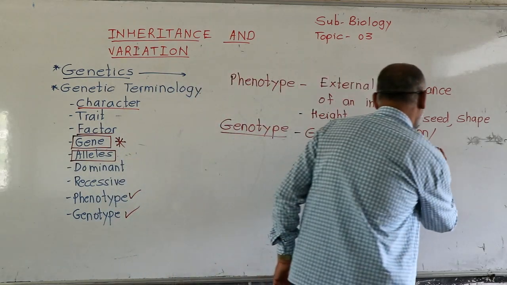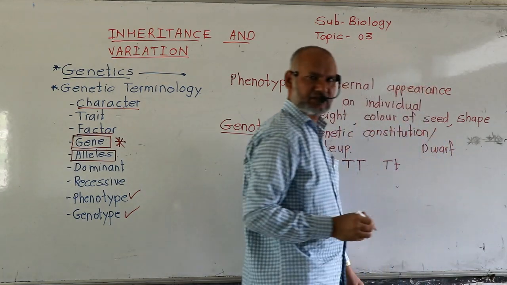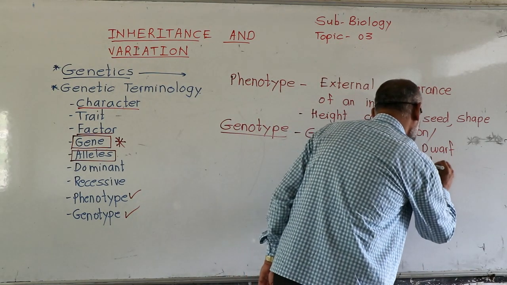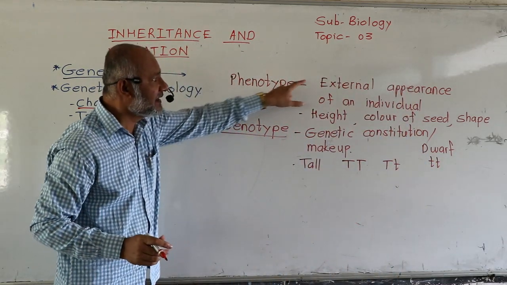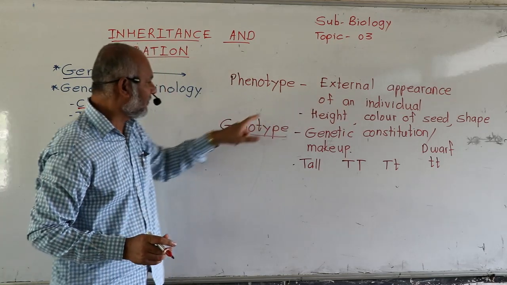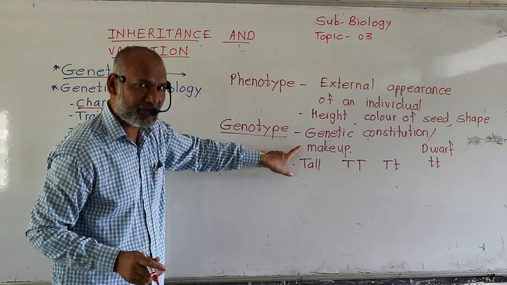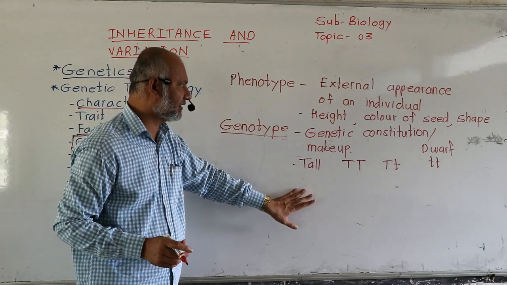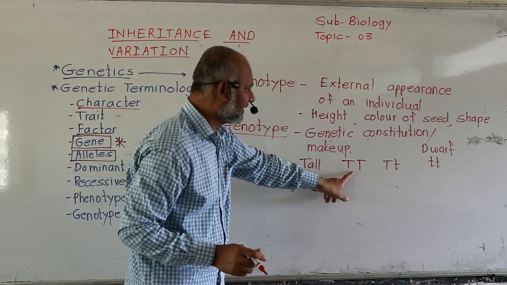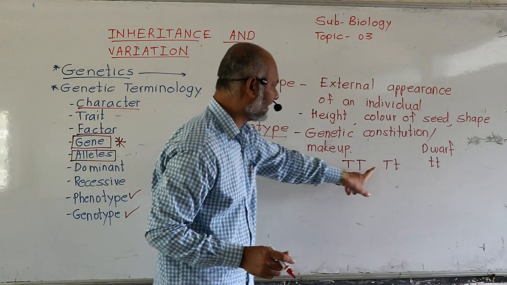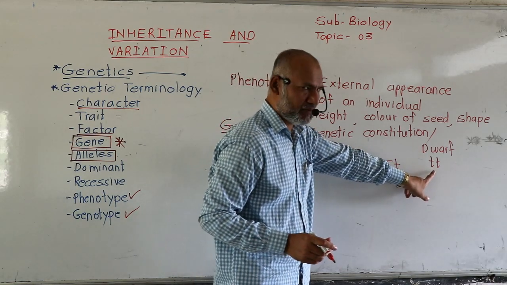Or suppose dwarf plants, it is represented by small t. Phenotype is the external appearance, while genotype is the genetic constitution or genetic makeup of an individual. Tall plants are controlled by homozygous or heterozygous genotype, and dwarfness is controlled by small t.